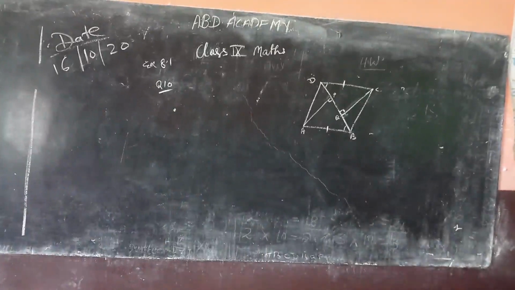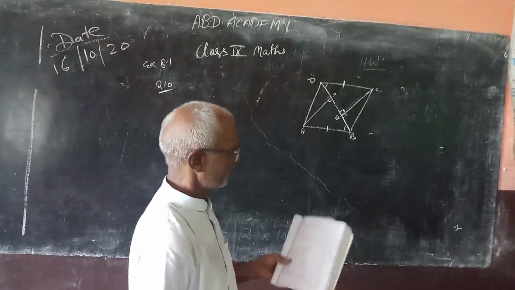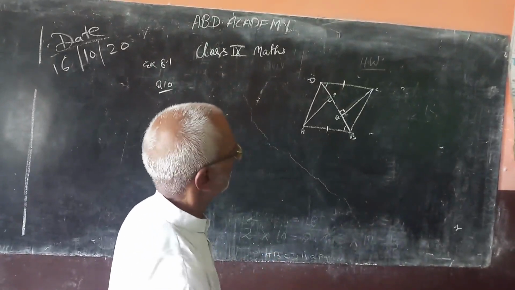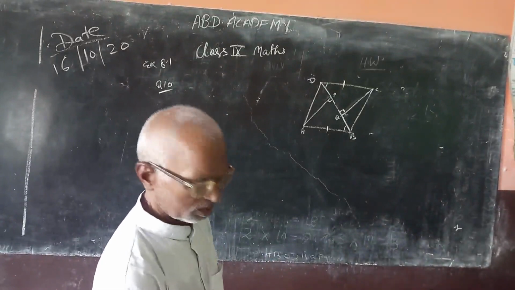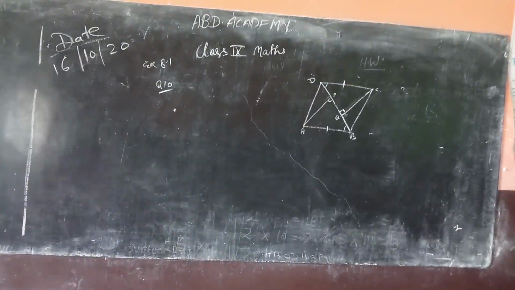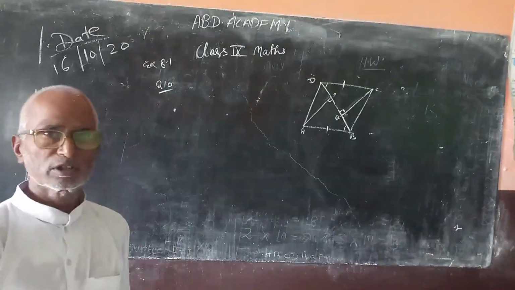So here triangle ABP will be congruent to triangle CQD by ASA congruence. 2 angles and the corresponding side. Therefore, AP will be equal to CQ by CPCT. A very simple thing. Question 10 is very simple, but you try to understand it.